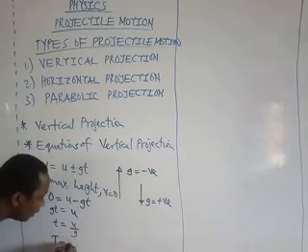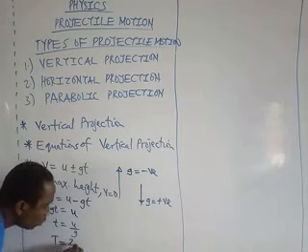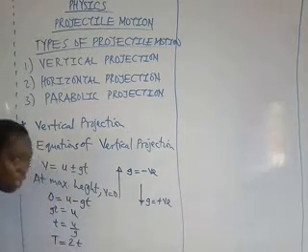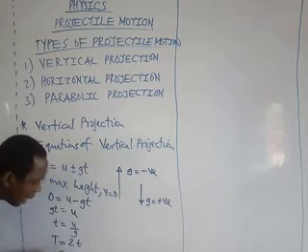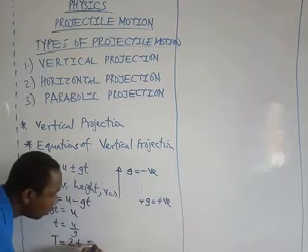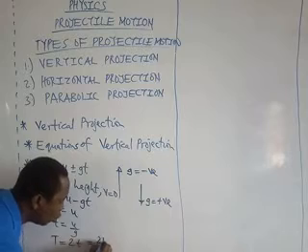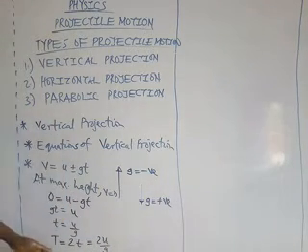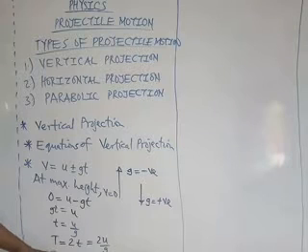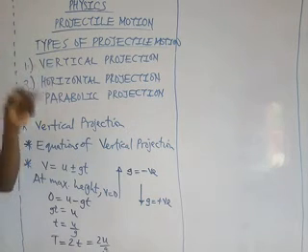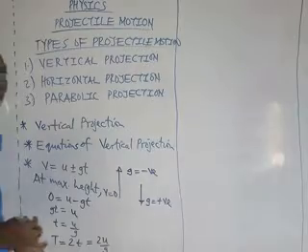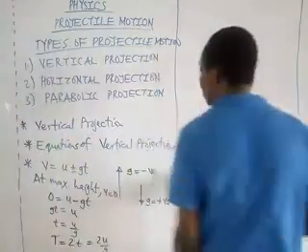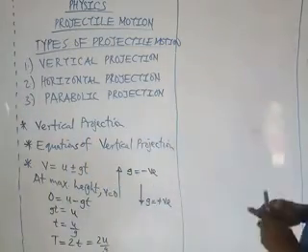This time of flight is just twice the time taken to get to the maximum height, and that is 2t, which is also equals to 2u all over g. Take note, this is the time taken for the body to get to the top and also return to the ground, capital letter T. Why small letter t? Time taken for the body to just get to its top.